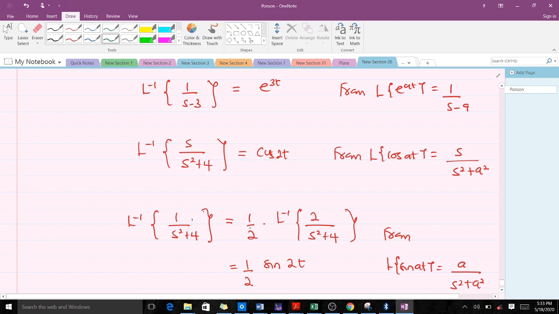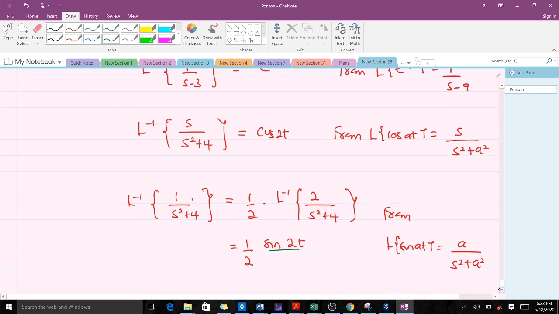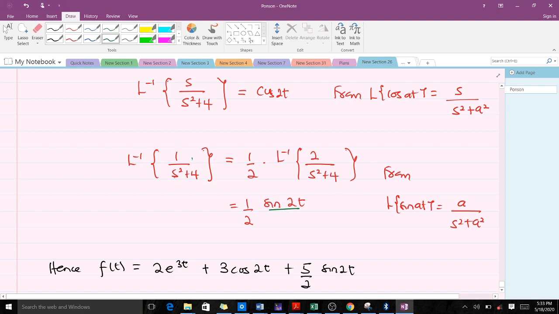I hope you get it. So we get 1 over 2 times Laplace inverse of 2 over s squared plus 4, and this is the same as sine 2t, then times the half here, right? So the Laplace inverse of 1 over s squared plus 4 is the same as 1 over 2 times sine 2t. So now we found the Laplace inverse of those 3 expressions that we had.